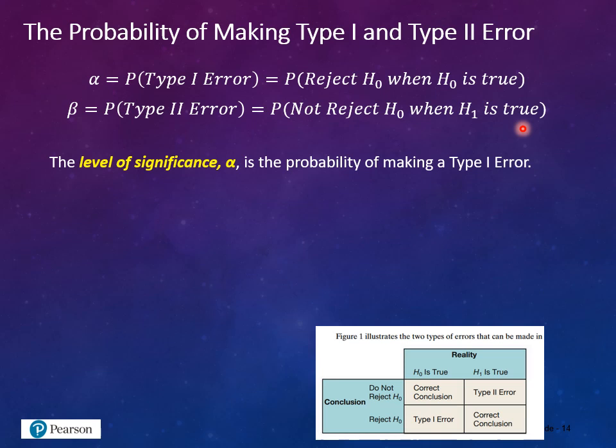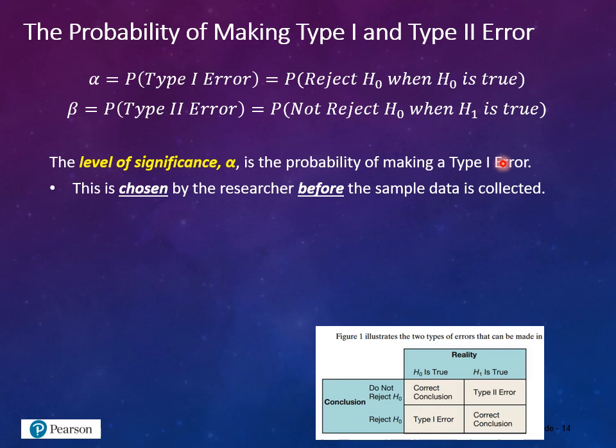The level of significance, alpha, which is the probability of making a type 1 error. Alpha is called the level of significance. This is chosen by the researcher before the sample data is collected. And you're like, wait, what does that mean?